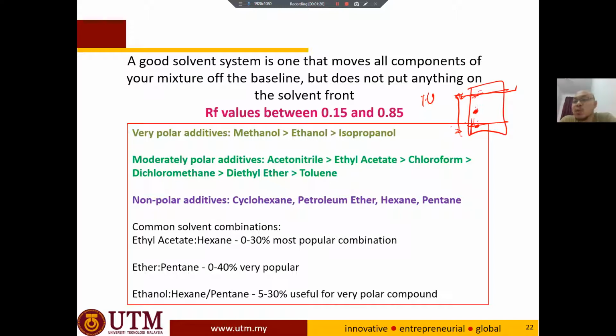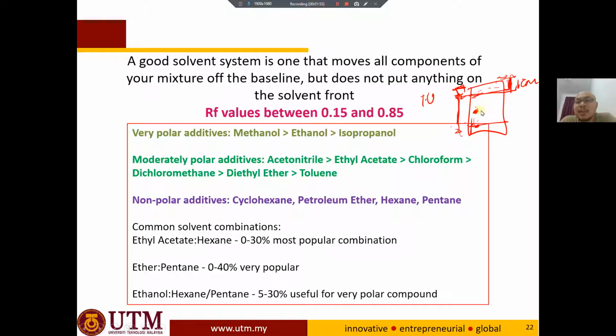I say again, you are not supposed to allow the solvent to move until the end of the plate. Usually, we stop the development when the solvent is at least 1 cm below the end of the plate. So the distance here must be at least 1 centimeter. You cannot allow more than that. Please don't do so. If you do, it is not a very good practice.